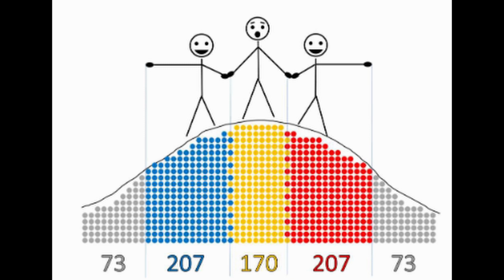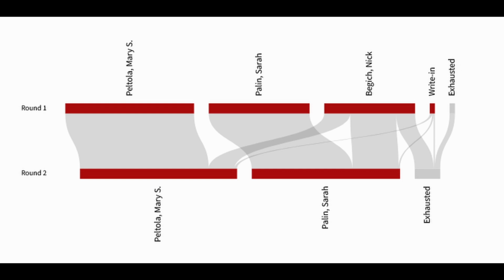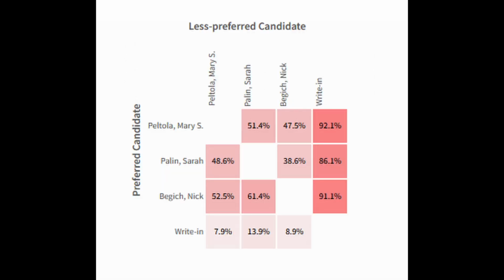And so a real world example of this could be seen in the 2022 Alaskan special election for House. Nick Begich came in last in the first round votes and was eliminated early, resulting in Sarah Palin losing to Mary Peltola. However, Begich would have won easily against Peltola and was more favored than Palin head-to-head.